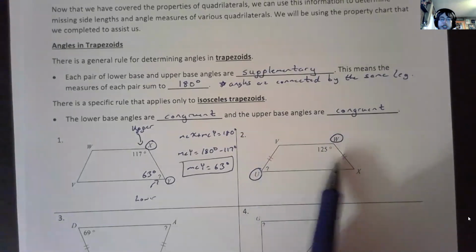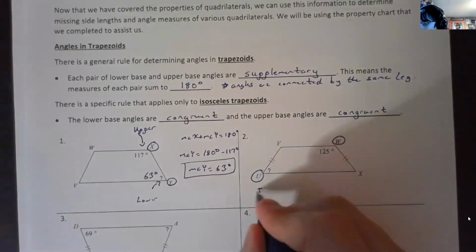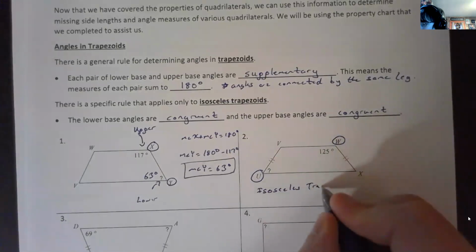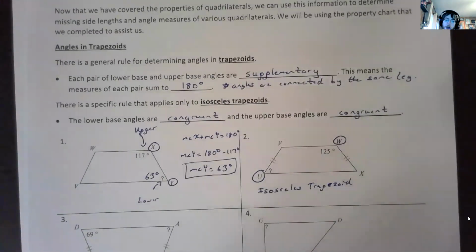They are on the legs, so this must be an isosceles trapezoid. You'll notice here that W and U are across from one another, so we're going to have to find other angles before we can find what U is.